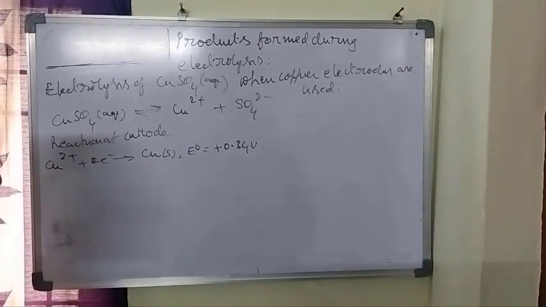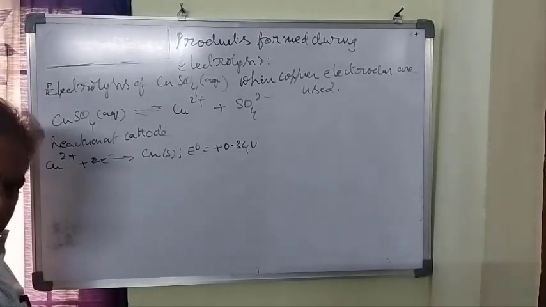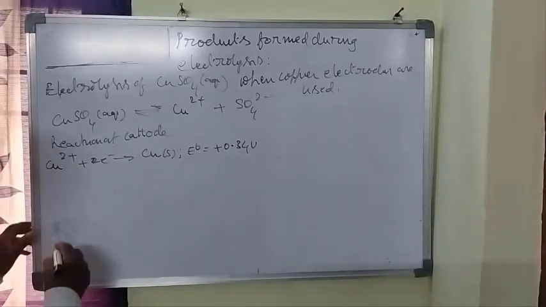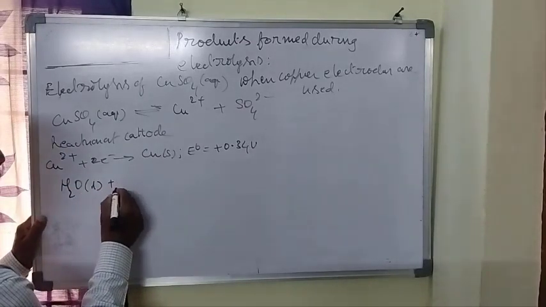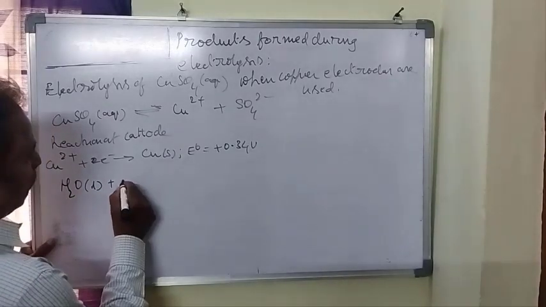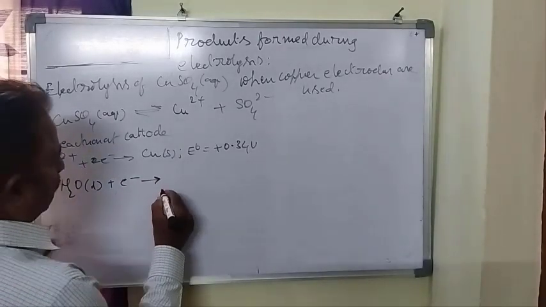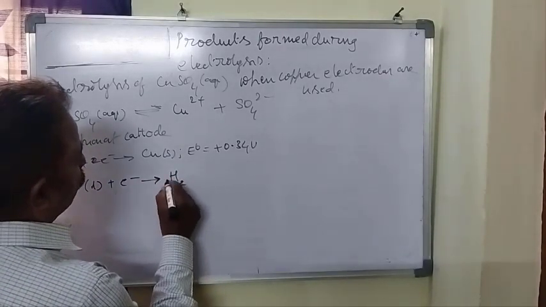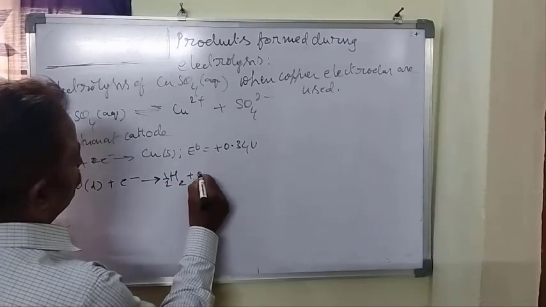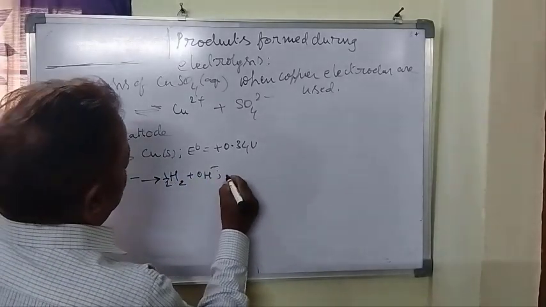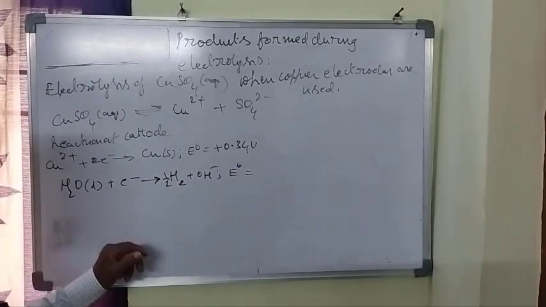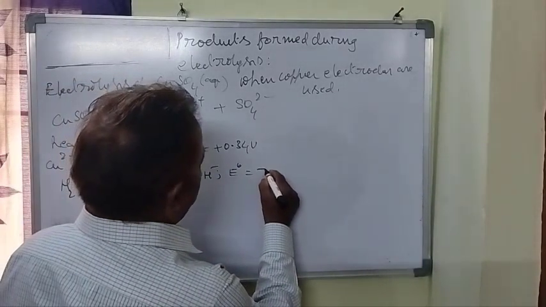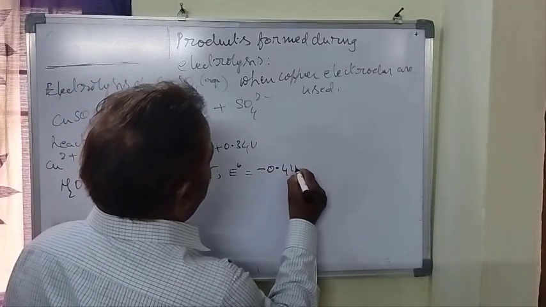No. There is another possibility of reduction, that is H2O liquid plus an electron becomes half H2, half molecule of hydrogen, plus OH-. The E0 electrode potential when water is reduced at the cathode is minus 0.41 V.